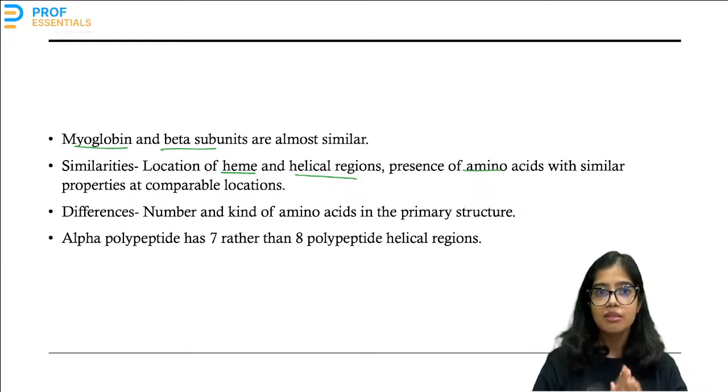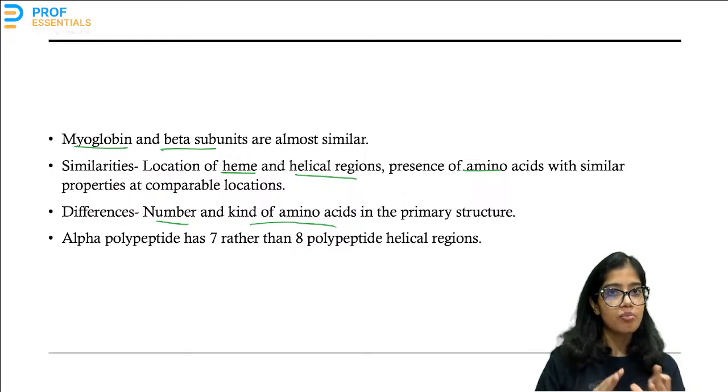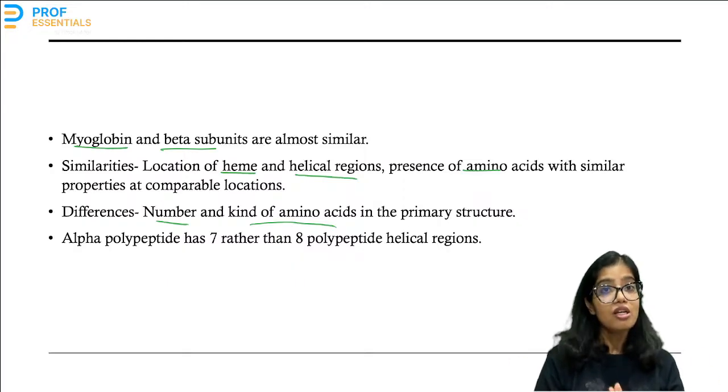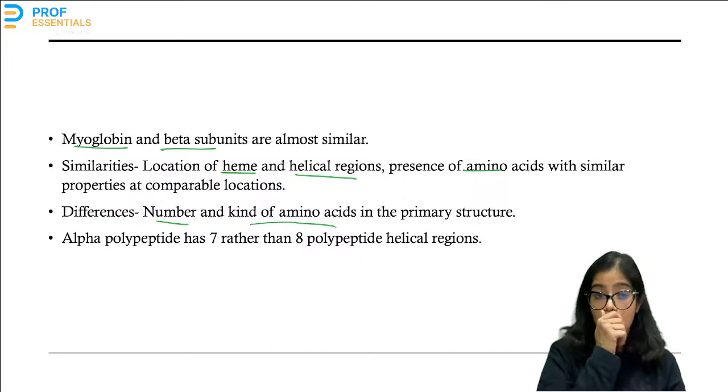All these are the similarities between myoglobin and the beta subunits of hemoglobin. The differences between myoglobin and beta subunits of hemoglobin are the number and kind of amino acids in the primary structure. Of course there has to be a difference in the primary structure, otherwise they will be totally similar proteins. So the primary structure is different, but the secondary structure, tertiary structure, the arrangement is similar.